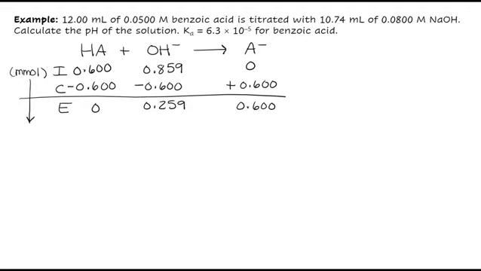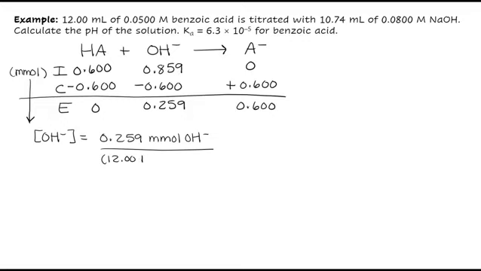To do the calculation of pH, we need to calculate the hydroxide molarity, and we get that from the millimoles, 0.259 millimoles of hydroxide, divided by the total volume, which is 12.00 plus 10.74. The milli will cancel, and we're left with moles over liters, which is molarity.